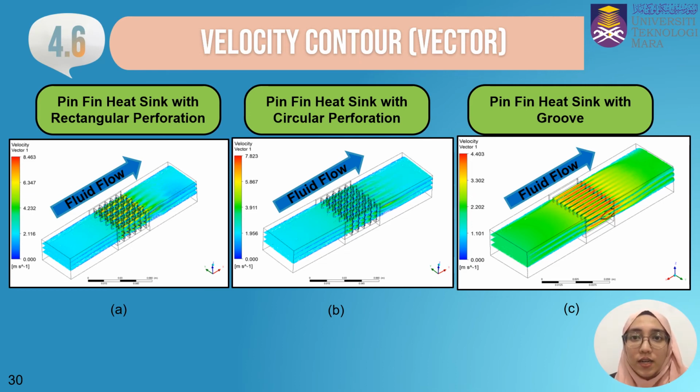The presence of the rectangular and circular perforation, for the pin fin heatsink with rectangular perforation and the pin fin heatsink with circular perforation respectively, slows down the velocity of the fluid, and this is the cause of the lower velocity profile for the pin fin heatsink with rectangular perforation and pin fin heatsink with circular perforation.